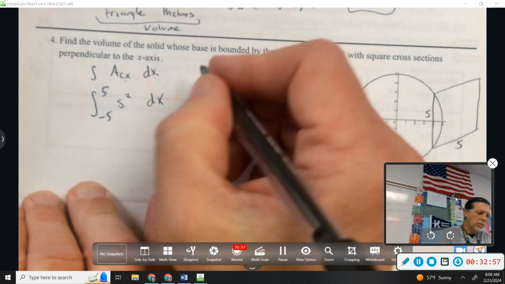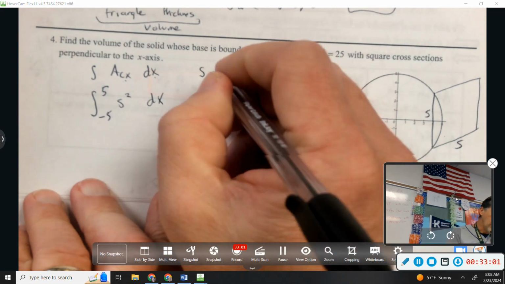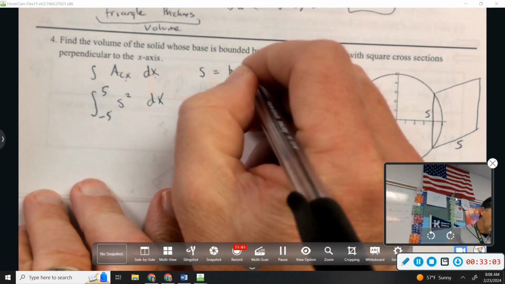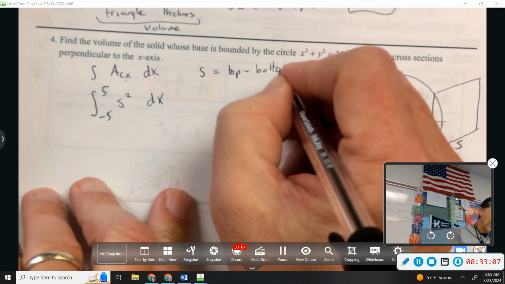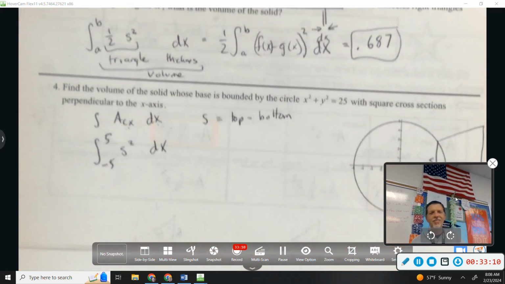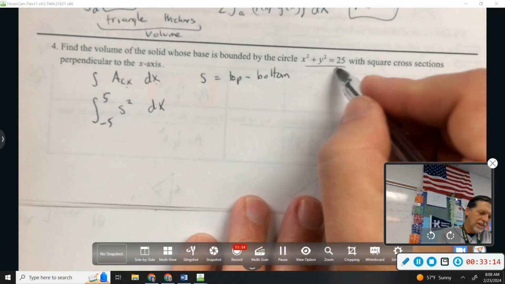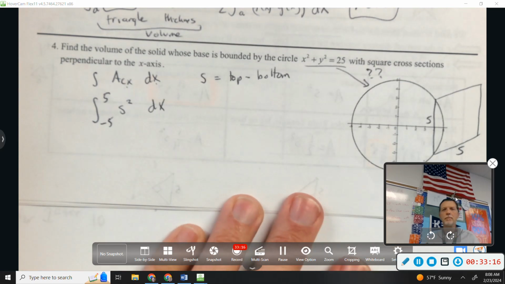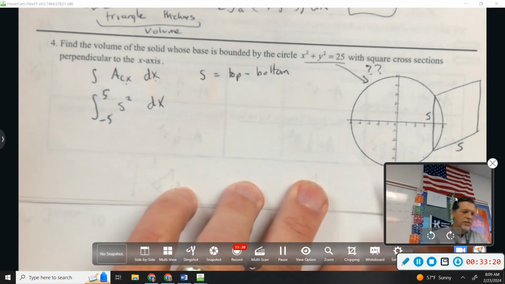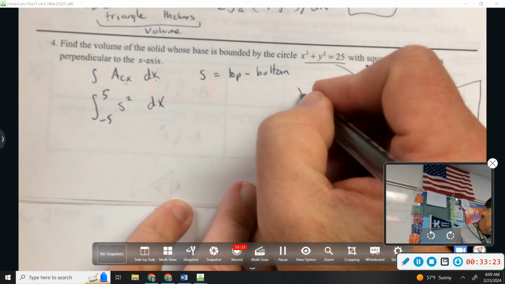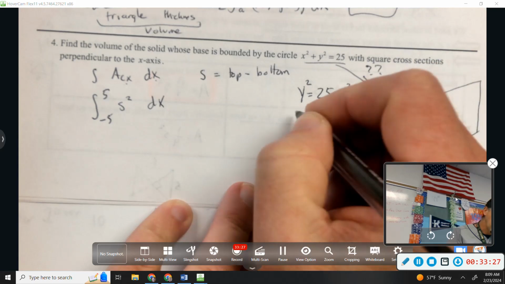But I need an expression for S. One way to think of it is top minus bottom, but that's a little bit weird because I have a top and I have a bottom, but it's all one equation. Well, I need to solve for y, so let's do that and see what happens. So y squared is 25 minus x squared.